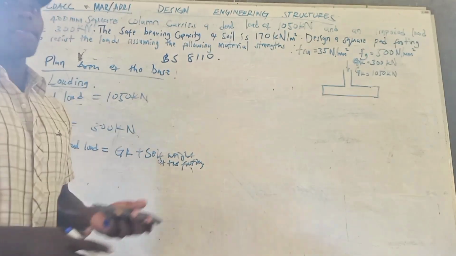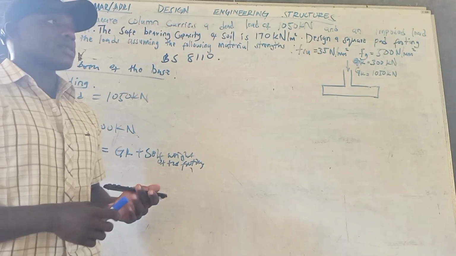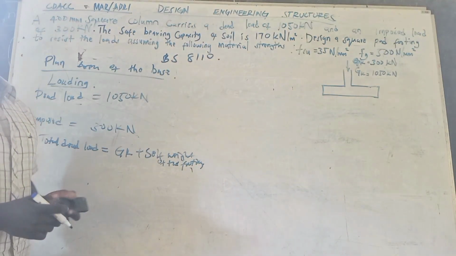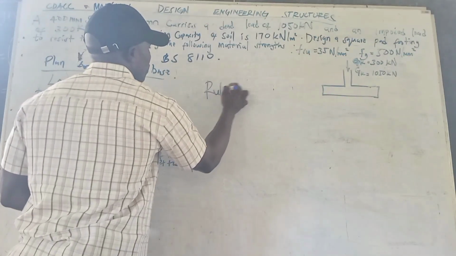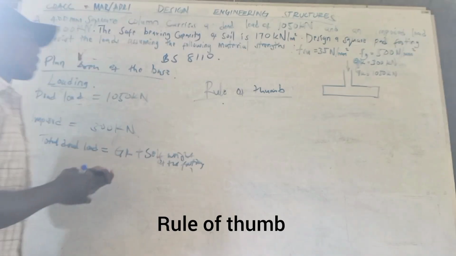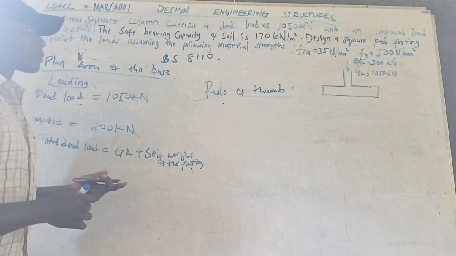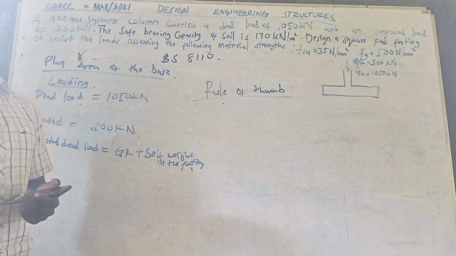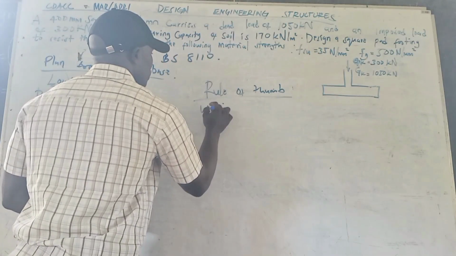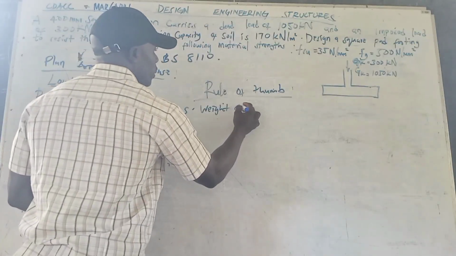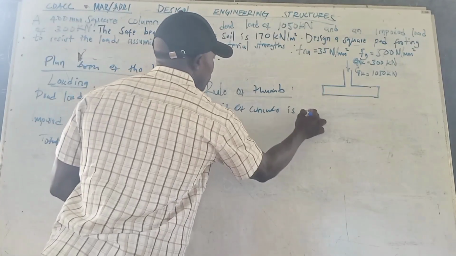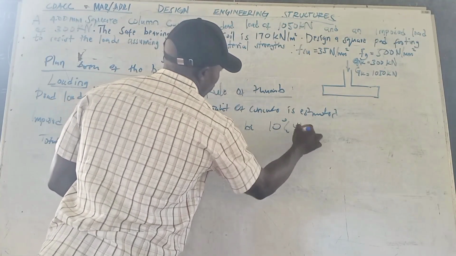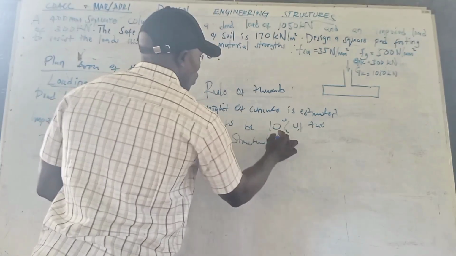So there's a rule of thumb that says the weight of concrete is typically estimated to be 10% of the total structural load.